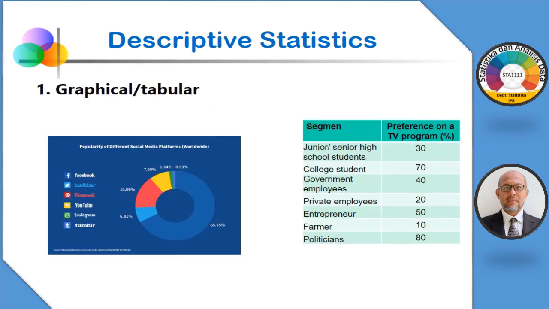You can see here from the sample data, you can describe with a pie chart with some colors. You can also show it with a table with some explanation as a segment or category, and the number of the frequency of every category. So this is also a method of descriptive statistics.